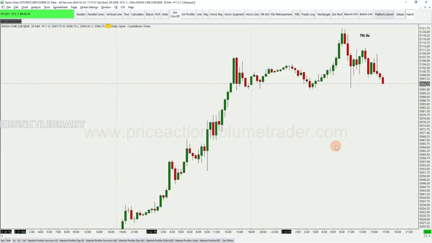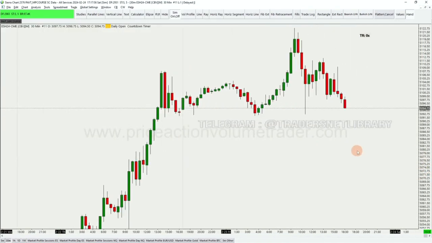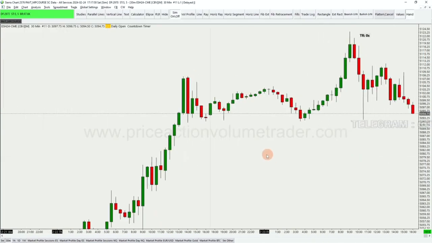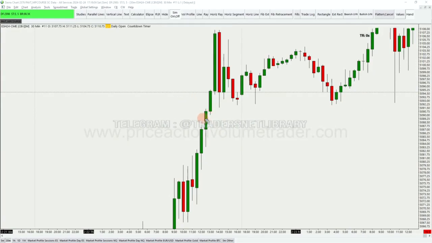What they call the fair value gap is basically the equivalent of a single print. It's when you have, for example, this candle right here, a candlestick, and to the left you have the top wick of the previous candle, and to the right you have the bottom wick of this one. So this area right here is what those style traders will call a fair value gap.